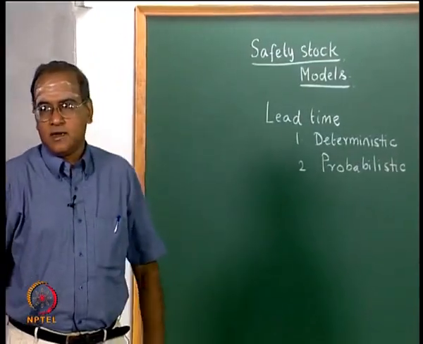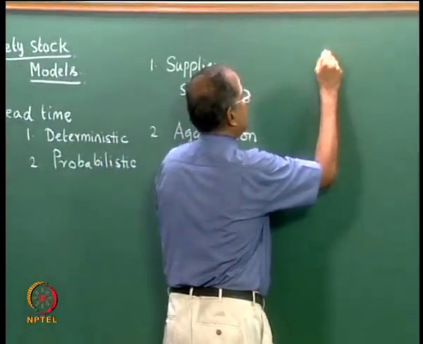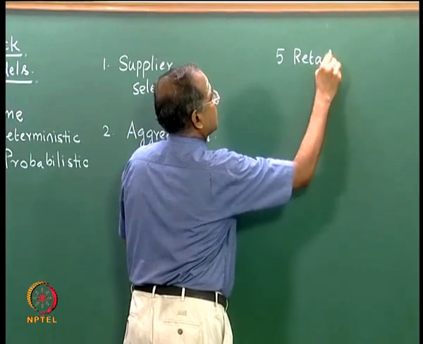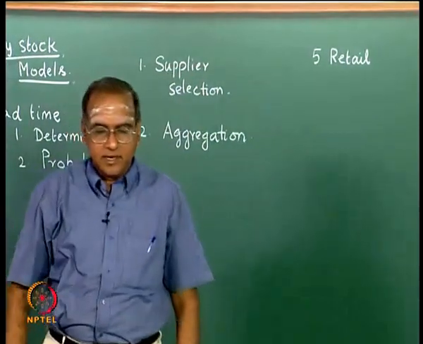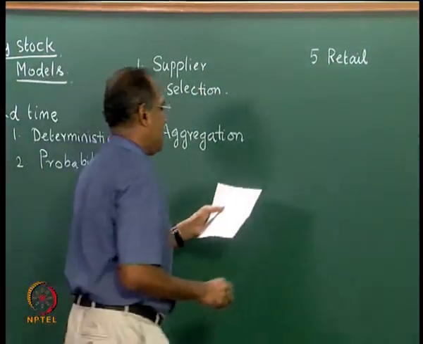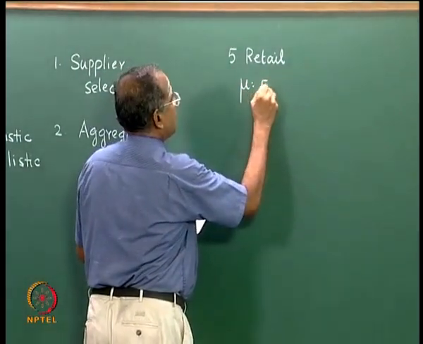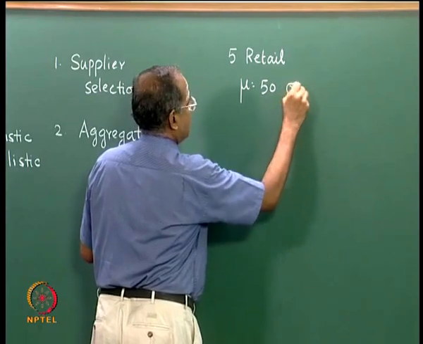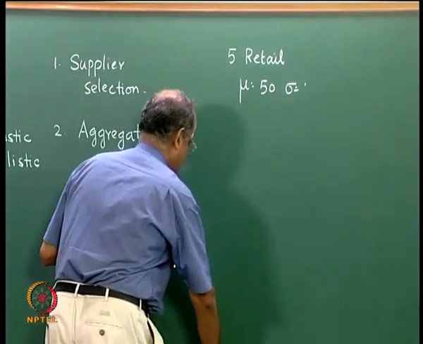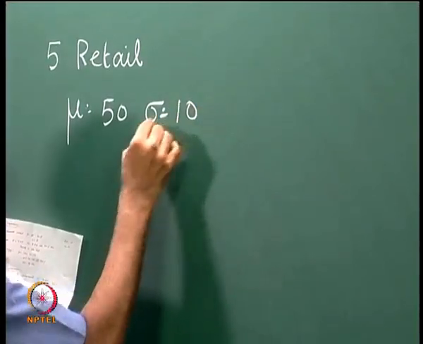Now, let us look at a case where there are 5 retail outlets, and the demand for a particular item, let us say, is 50 per week, and sigma of demand is equal to 10.